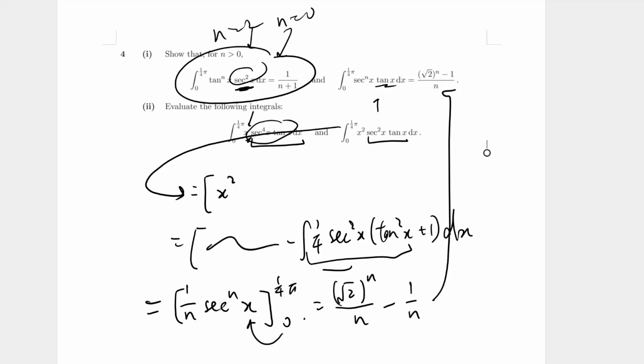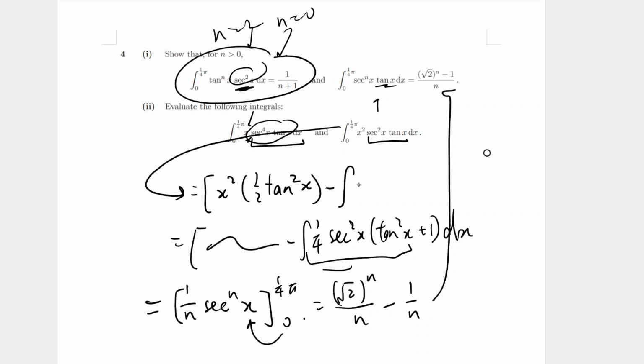It's just a half tan squared x, minus, differentiating x squared gives me 2x, and now I have a half tan squared x dx. Lovely. The 2 and the 1/2 cancel out, so I get whatever the first bit is, minus the integral of x times tan squared x dx.